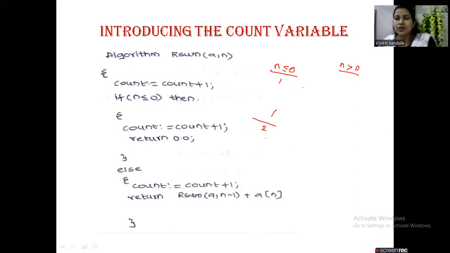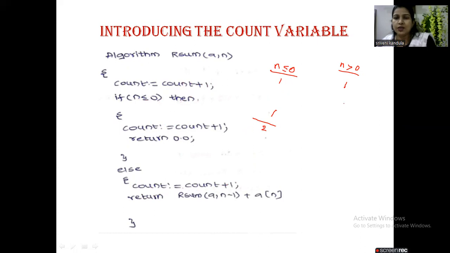Let us see the step count when your n value is greater than 0. In that case, your if gets evaluated, but it becomes false, so it won't enter into the body of the if. But the if gets evaluated, so this count gets incremented by 1 and it comes to the else part. In the else part, here I have one more count.